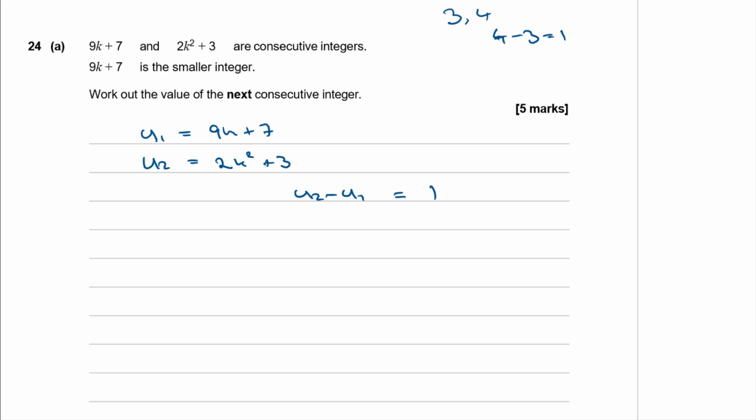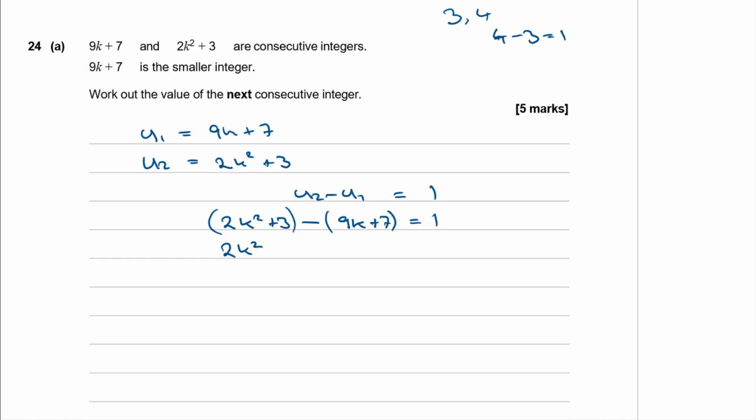In other words, 2k squared plus 3 minus (9k plus 7) is equal to 1. I think I can form a quadratic equation in k here, which hopefully I can then go on to solve. Okay, so let's just bring everything over to one side and simplify. So I've got 2k squared as my term in k squared.